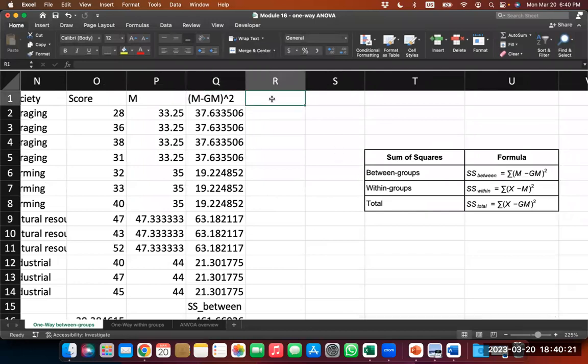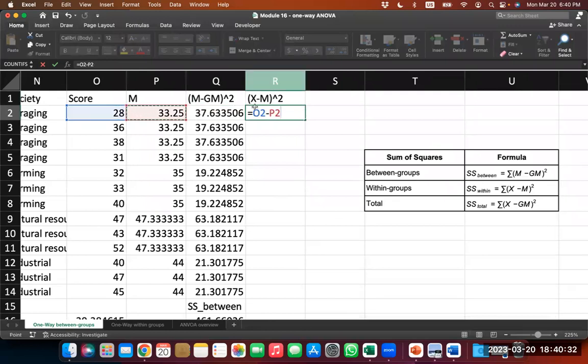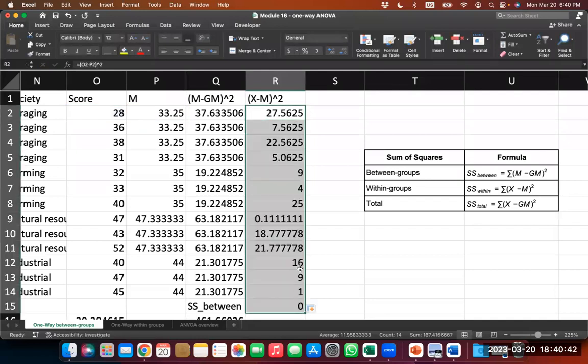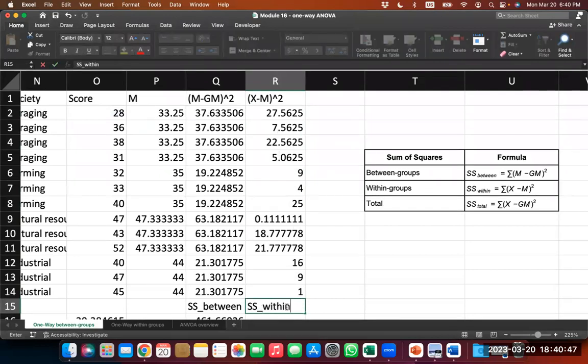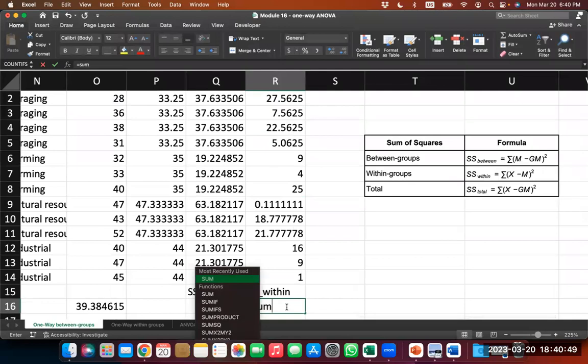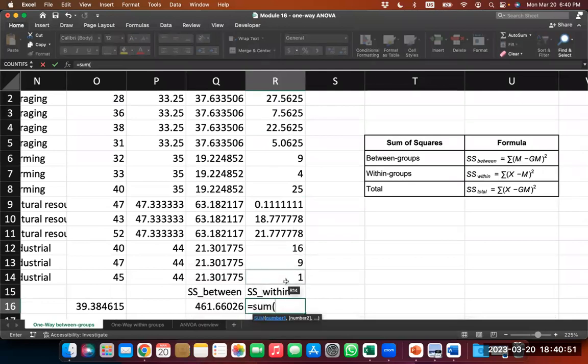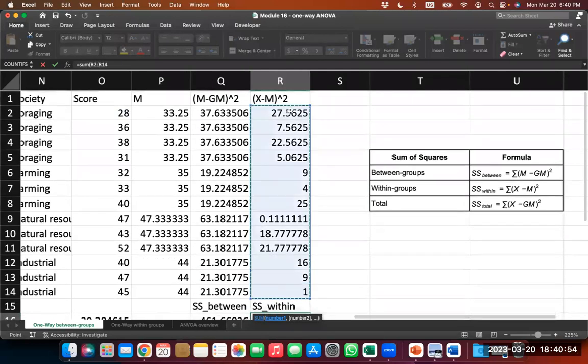Now the next is x minus m, squared. That's a little simpler, because that's just this score minus this m, squared. So this is the sum of squares within, the sum of R2 to R14.